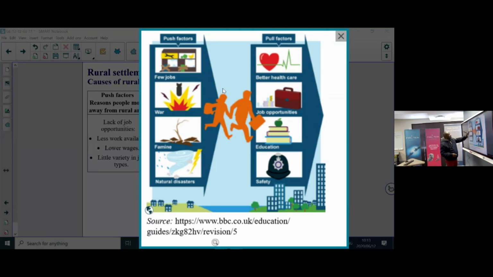On the other side, in the urban areas, we've got better healthcare, job opportunities, education, and we have safety. So when we talk of safety, we are talking of the police being adequate. You find that the policing level is higher in cities than in the rural areas, and there are readily available organizations to help people in terms of disasters.